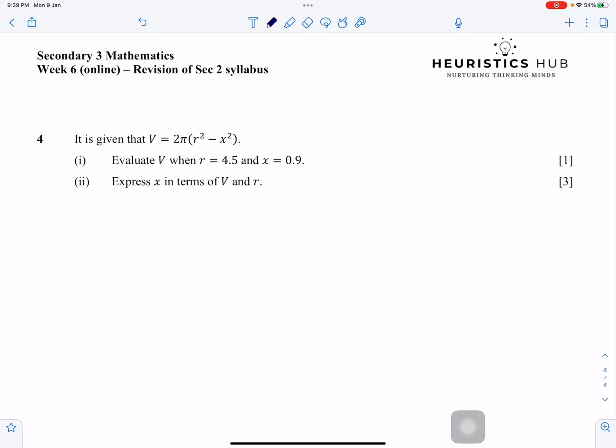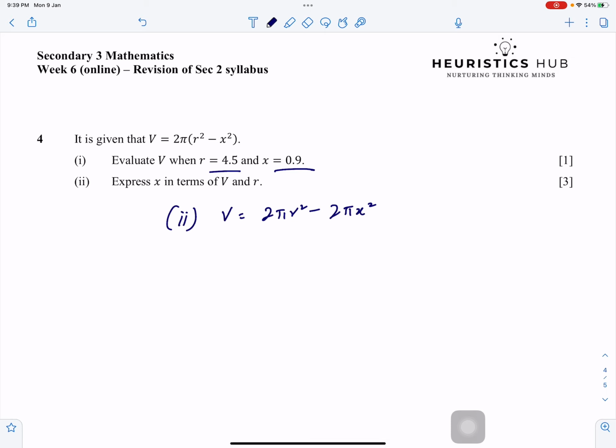Evaluate v if it's 4.5 and 0.9. I think this is quite easy. I will skip part 1, you try for part 1. I'll do part 2 for you to see. Part 1 is pretty easy, it's just typing into the calculator, so I'll not do that.